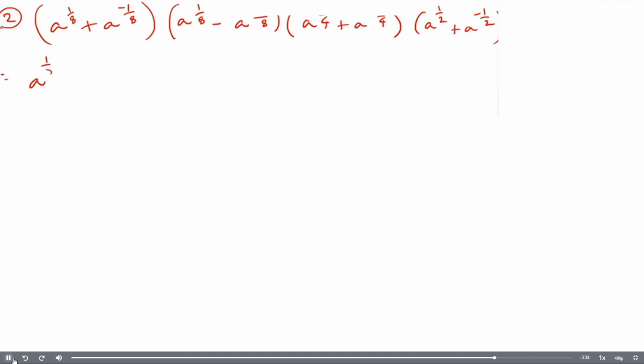a to the power 1 by 8 plus a to the power minus 1 by 8. I'm just going to rearrange and write this.